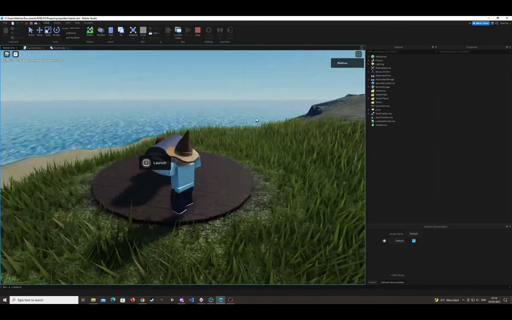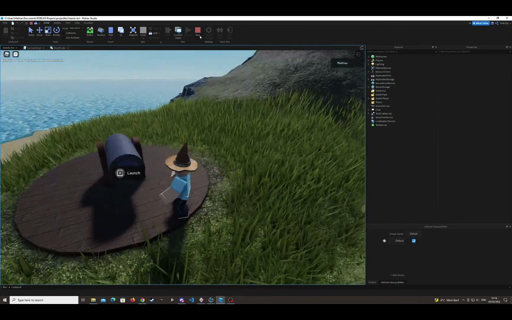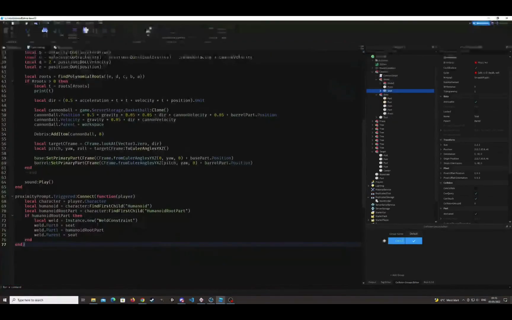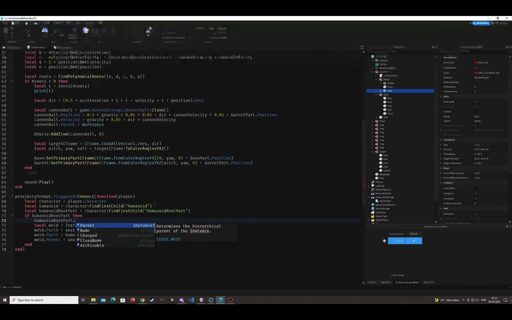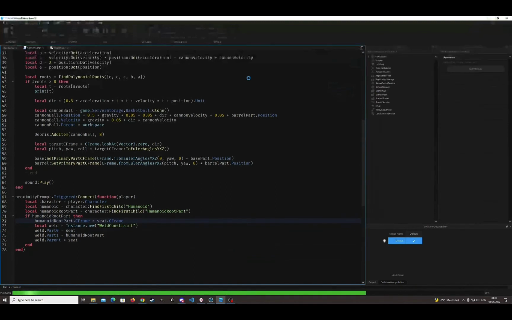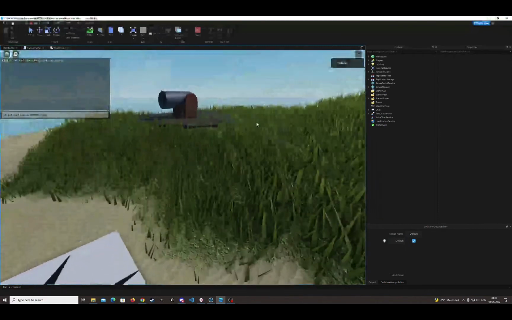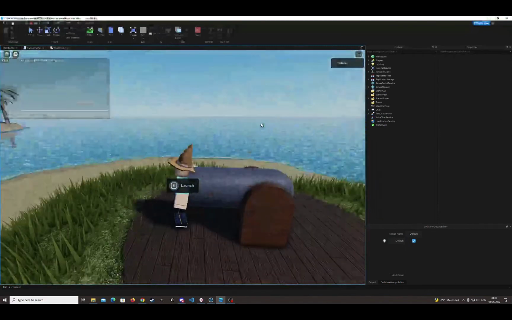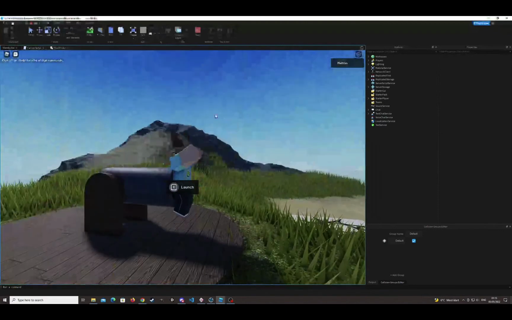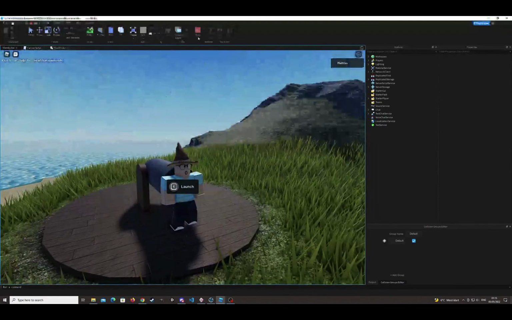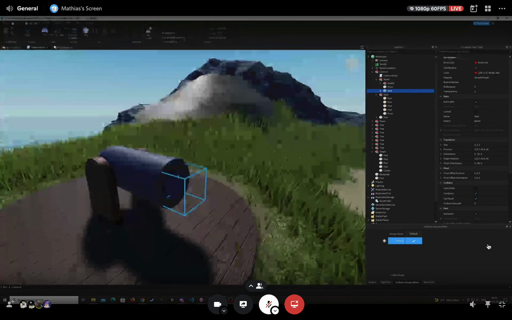I'm just stuck here now. So maybe I want to set the humanoid root part CFrame to be equal to the seat CFrame and see what that does. All right. I'm stuck in the cannon now.